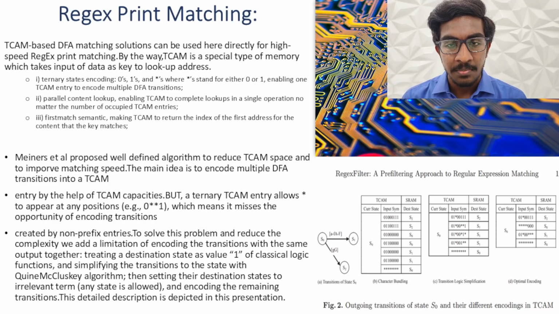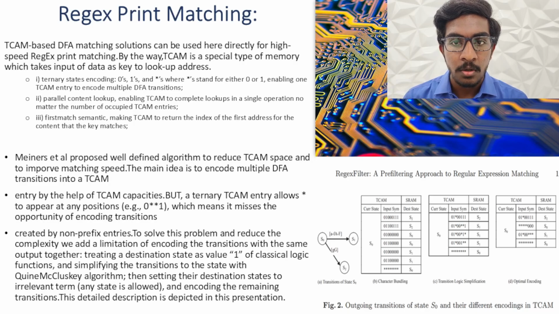We use something called TCAM, which is a ternary CAM, encoding with zeros and ones. TCAM is a special type of memory which takes input of a data key to look up an address. So it's basically used for searching addresses.